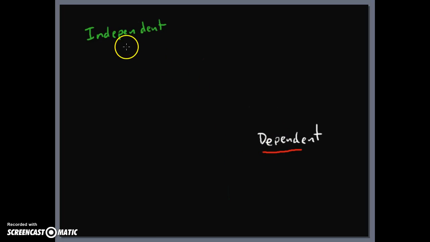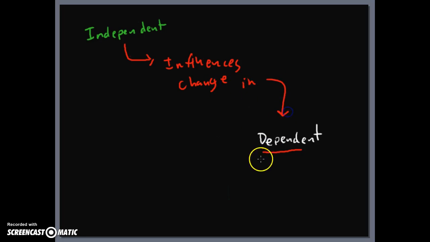So an easy way of thinking about the relationship between the two is the independent variable influences change in the dependent variable. So if the independent variable changes, the dependent variable changes.